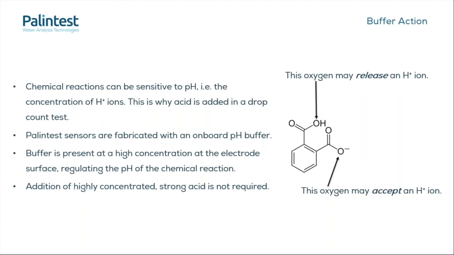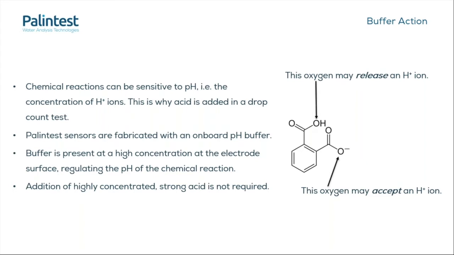Now, Palintest sensors are actually fabricated with an onboard pH buffer, and this acts to control the pH in the volume close to the electrode surface. This buffer is present at a very, very high concentration because it's dried onto the surface, which regulates the pH. The upshot of that for a customer is that the addition of highly concentrated strong acid is not required. It's all built into the sensor.